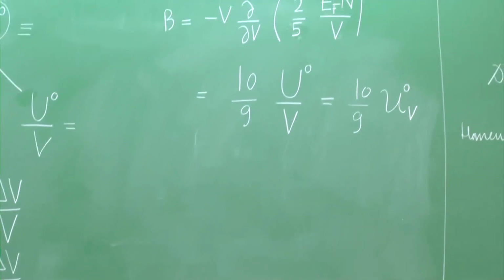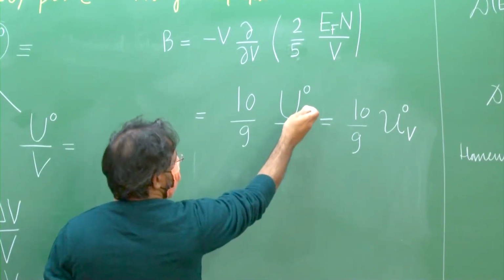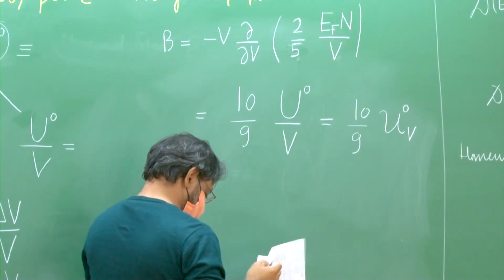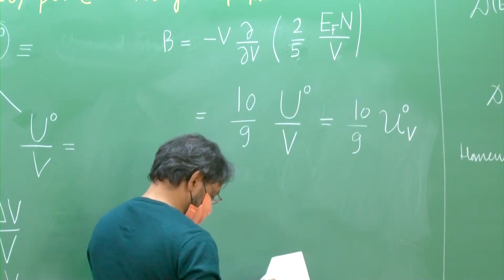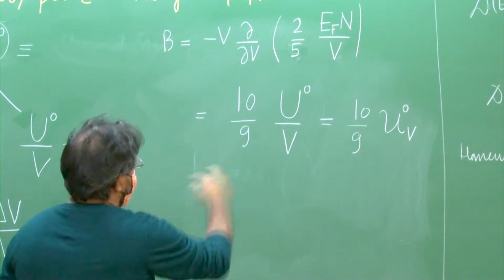Okay. You can also recast it in the form of EF, because you know the relation between u naught and EF. U naught is 3/5 of EF, you know that. So you can always manipulate them.